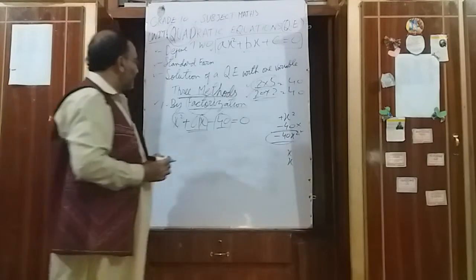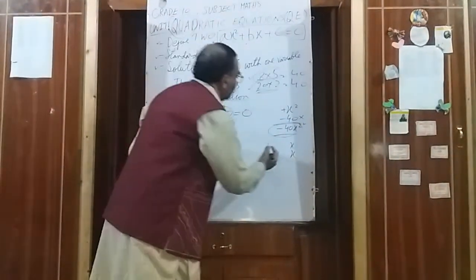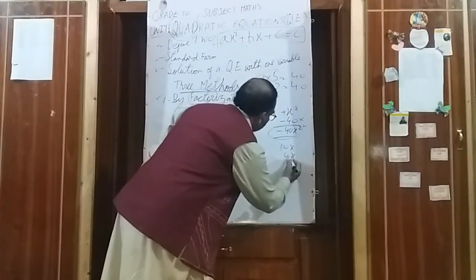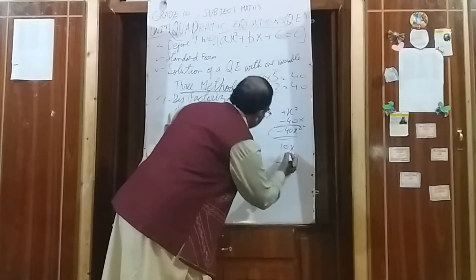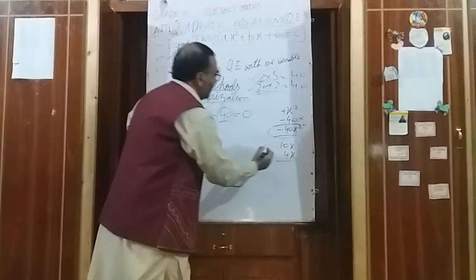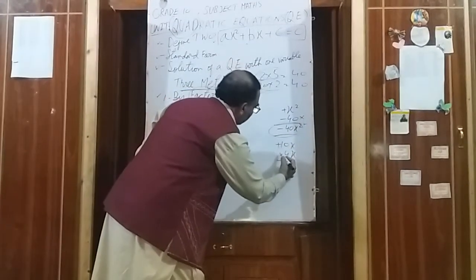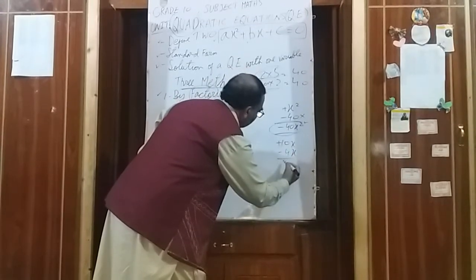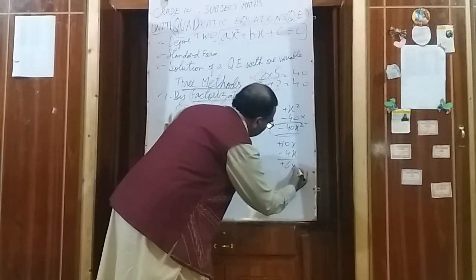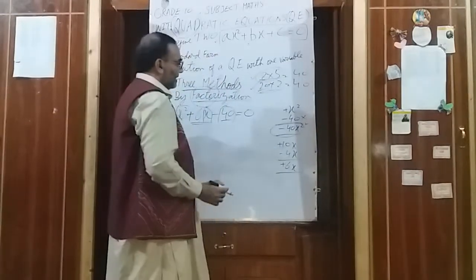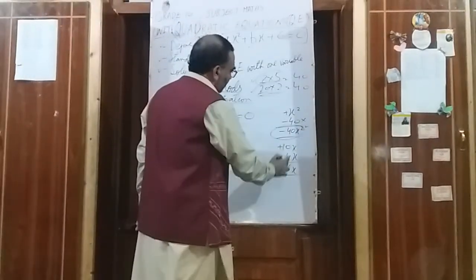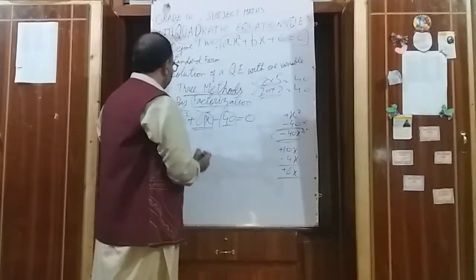So we will make the factors 10 and 4, and we need a plus sign here. So with the greater term you will put the plus sign. This is plus 6x, and when you are multiplying this, you will get minus 40x square.